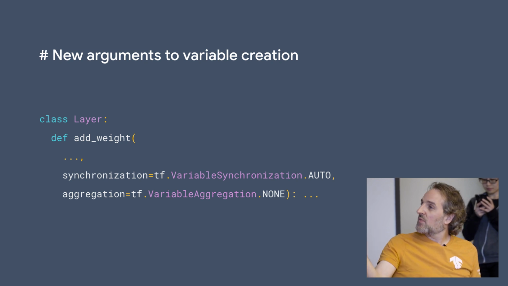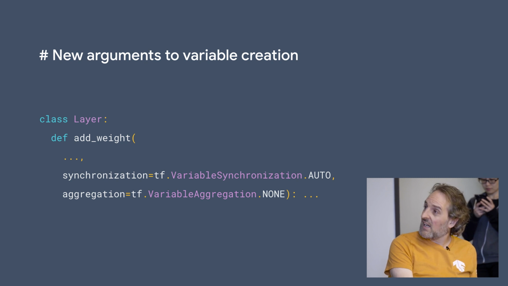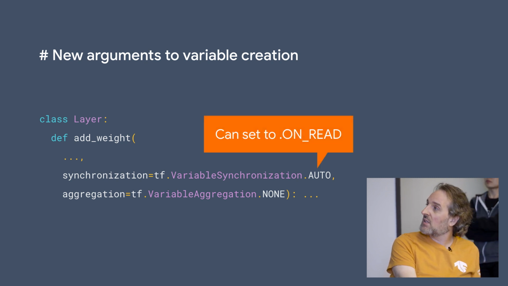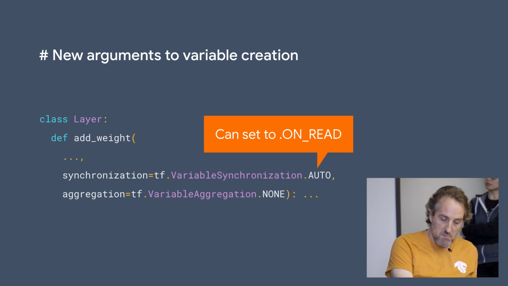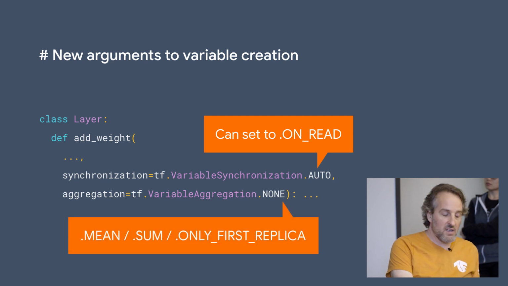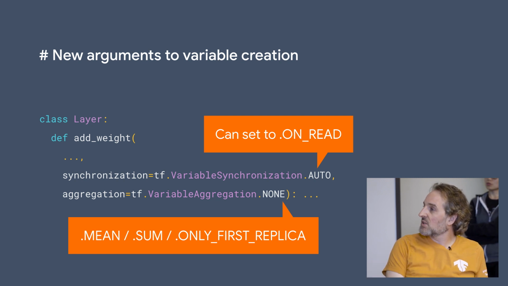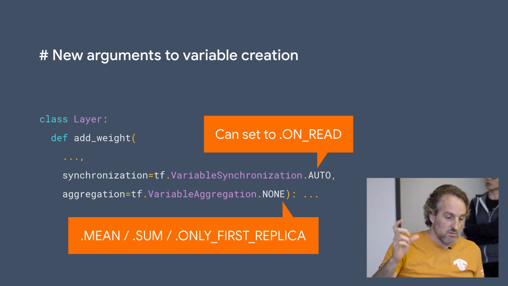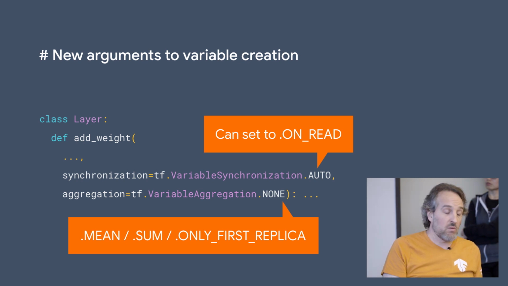And you get those. So we have those synchronization and aggregation arguments that we've added as new APIs in order to access these new capabilities. And so you can set, for example, synchronization to on read in order to get metrics and batch norm statistics, and variable aggregation can be set even for mirrored variables, or really both, and it lets you say what reduction to do when you do operations.